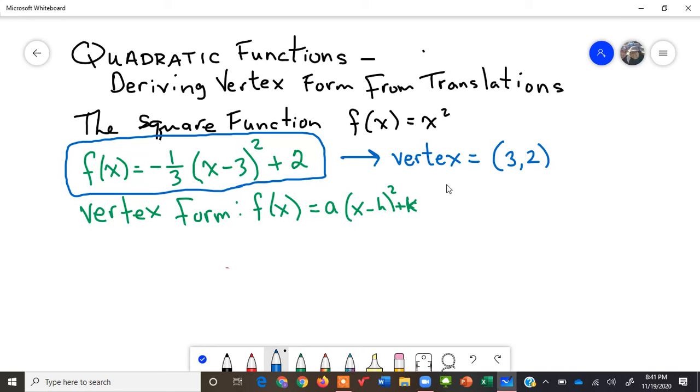And because the leading coefficient here, this a, is called the leading coefficient, was preceded by a negative, so it was less than 0, then we saw that it opened down, so this opens down.